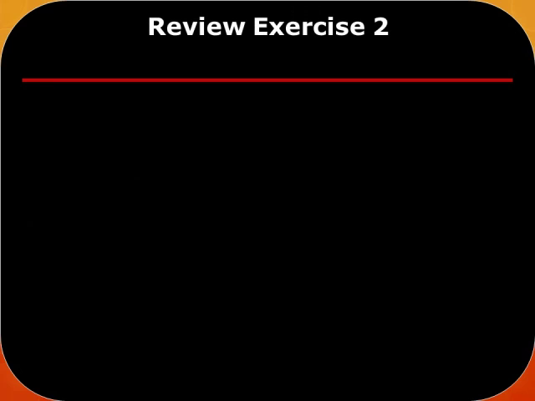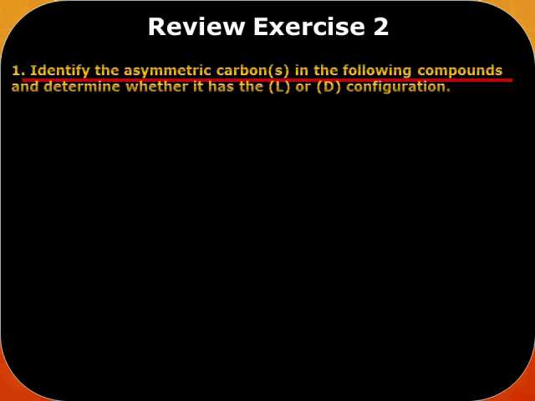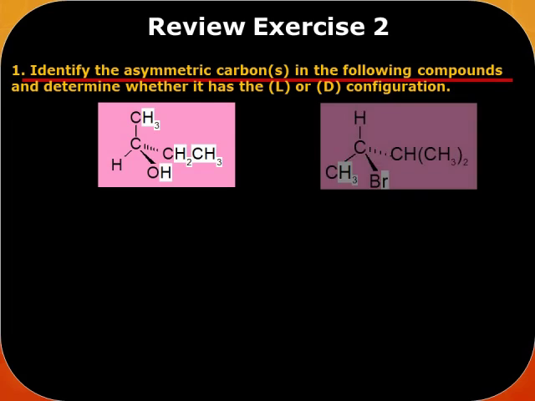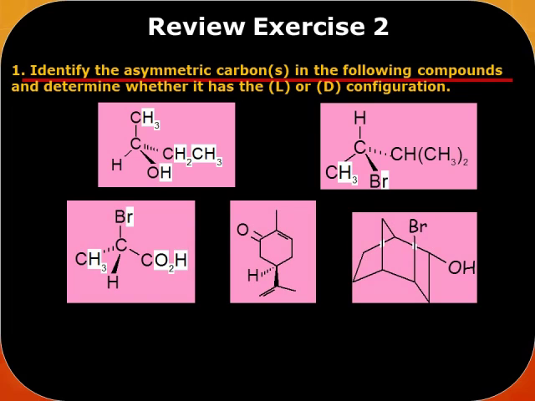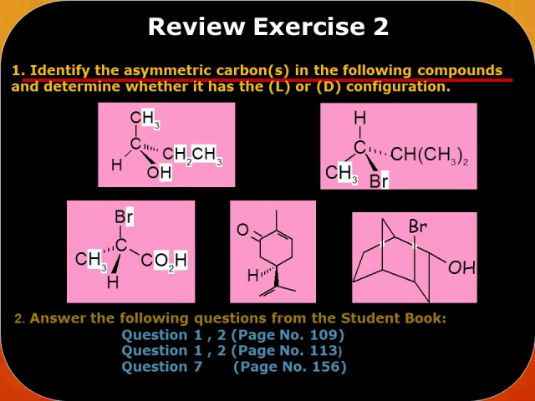So here is a review exercise, review exercise 2. I have given some examples for you to identify the asymmetric carbons in the following compounds and determine whether each has the L or D configuration. I have given 5 different compounds, so you have to identify the asymmetric carbons in these compounds.